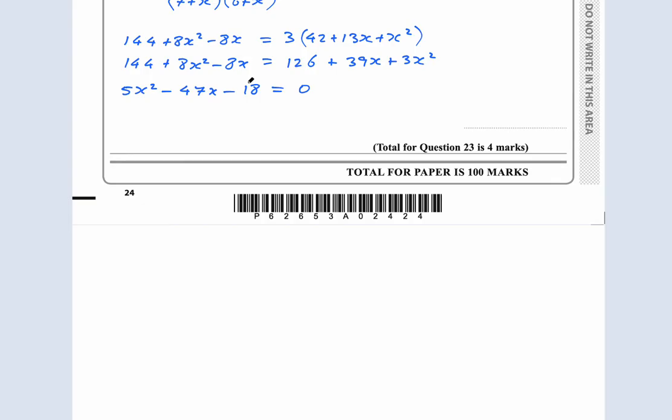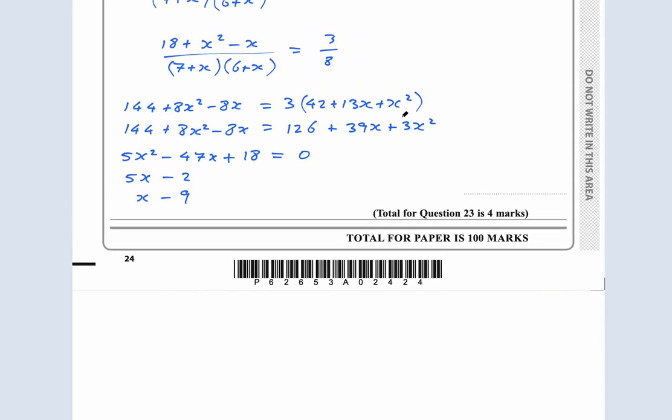Okay, I'm just trying to think, is there going to be a nice number that will multiply here? 5 times 2 would work, but this is, oh yeah, actually, that's perfect. That was a mistake. That should have been plus, which means I can factorize this into 5x and x. 18 is 9 and 2. 5x minus 2 times x minus 9.